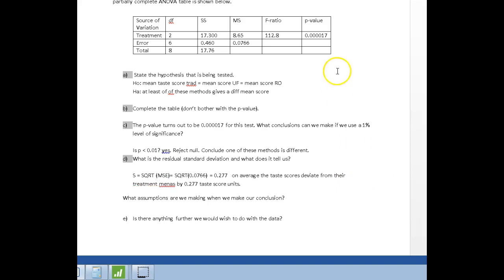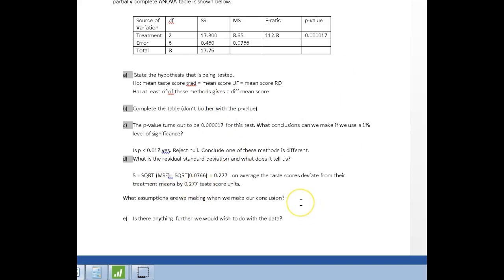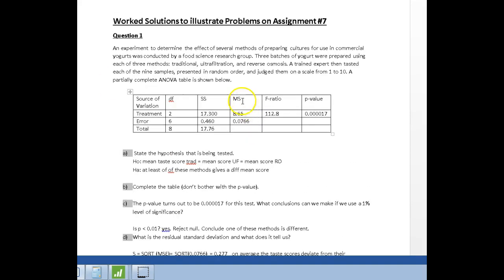Treatment means. Alright, then we are asked, what assumptions are we making when we make our conclusion? We've made our conclusion, but our conclusions are based on certain assumptions being met. And what is that? We assume independence and randomization. So I'm assuming, and we were told up above here too, that the batches were presented in random order to the judges.